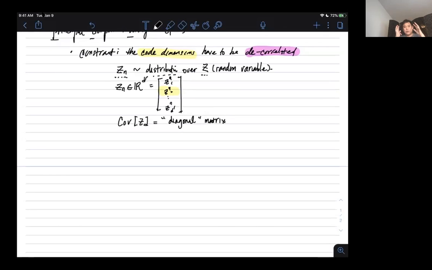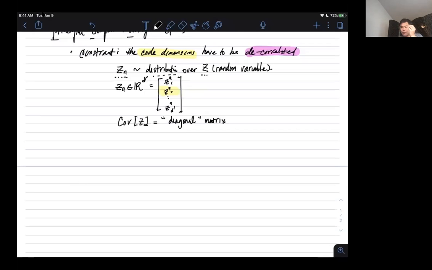The covariance matrix measures how a pair of dimensions move together. When the value of the first dimension goes up and the value of the third dimension goes up together, we say the first and the third dimensions of this code random variable are highly correlated.